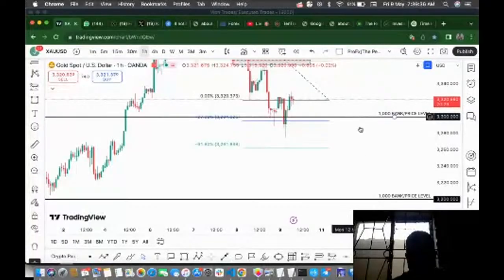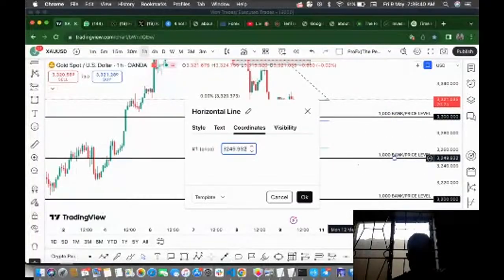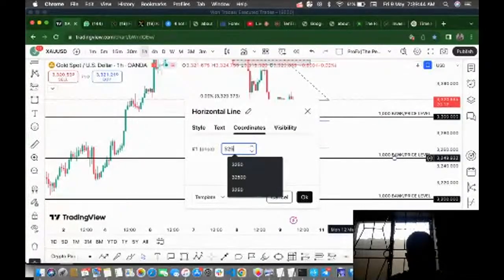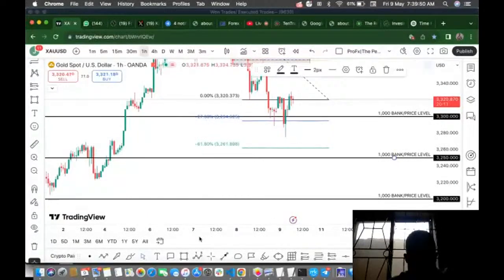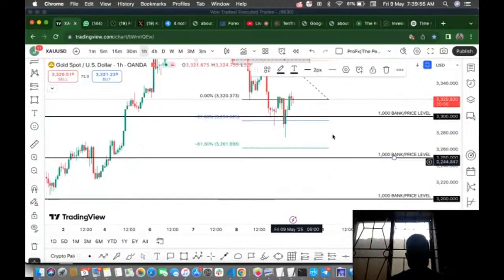If I divide this into 2, what will I have? 500, right? If I divide this in half, that's 3250. This is the 500 bank level. If I divide that 500 into 2, I will have a 250 bank level.